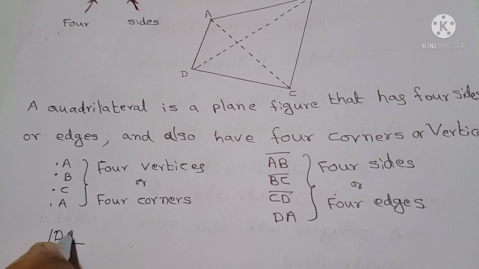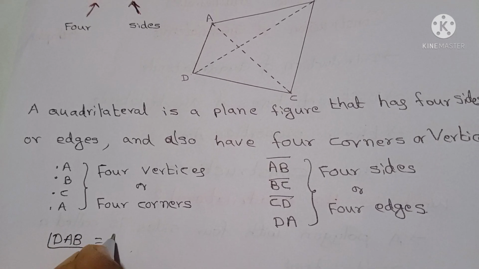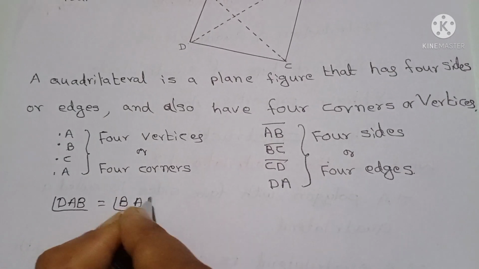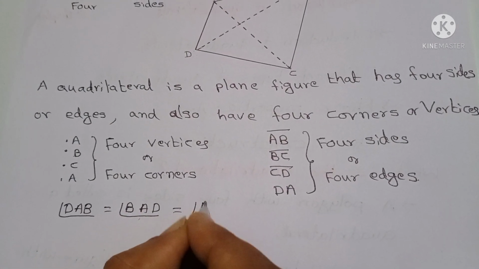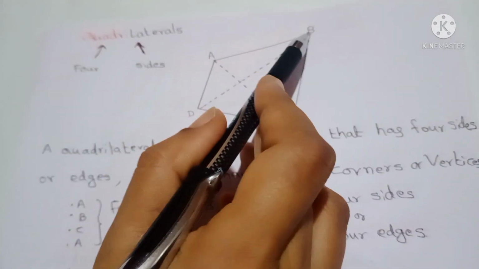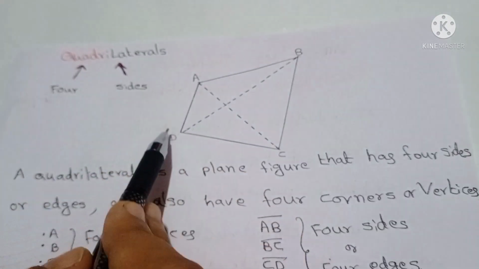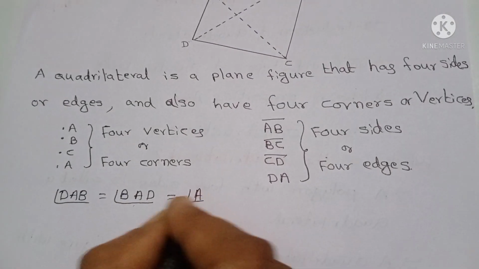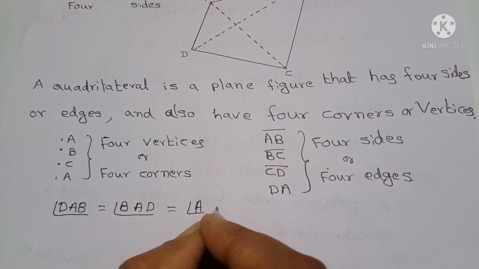Angle DAB is equal to angle BAD is equal to angle A. Both are equal.